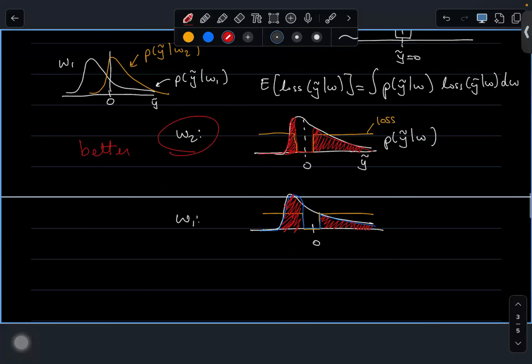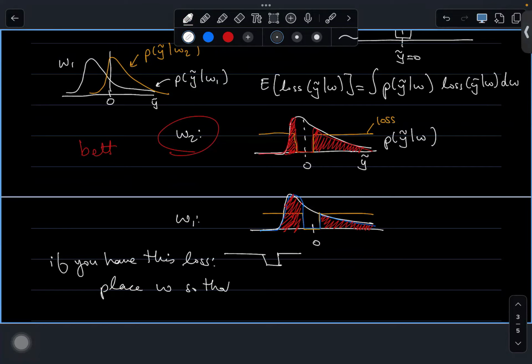So in this case, what happens is that if you have this loss, you want to place W so that the mode, the peak value of the probability of your error given W, falls at y tilde equal to 0.